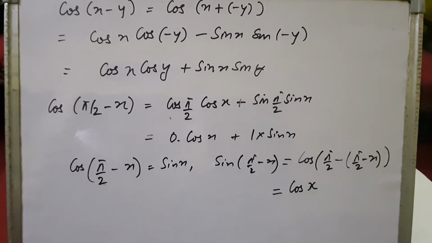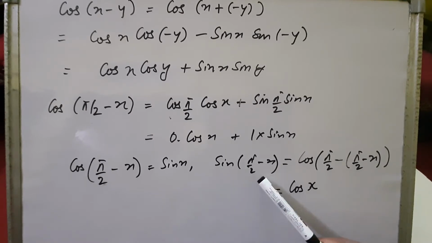Right, children? And suppose if we calculate the value of sin 90 minus theta, sin 90 minus x can be written as cos 90 minus (90 minus x). So cos 90 minus x, we have shown here, is sin x.